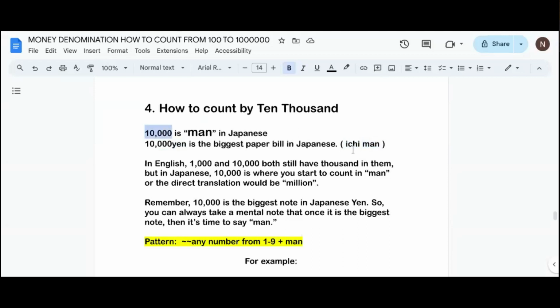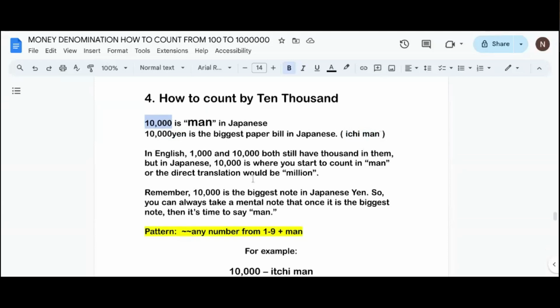So if somebody asks you how much is your salary in Japan, for example, you would say, nijuman, for example.